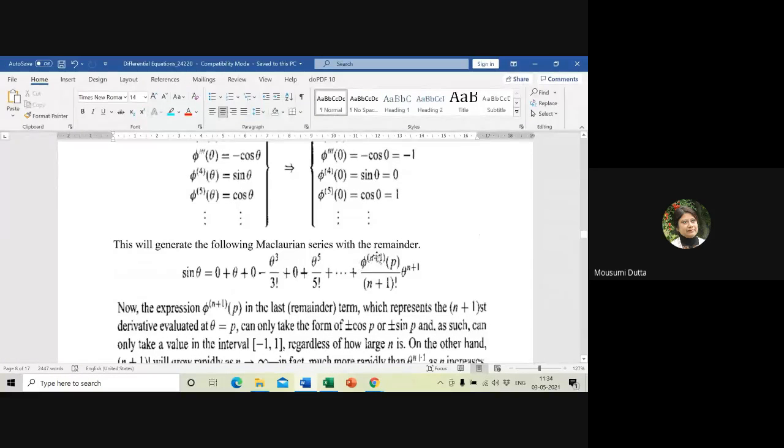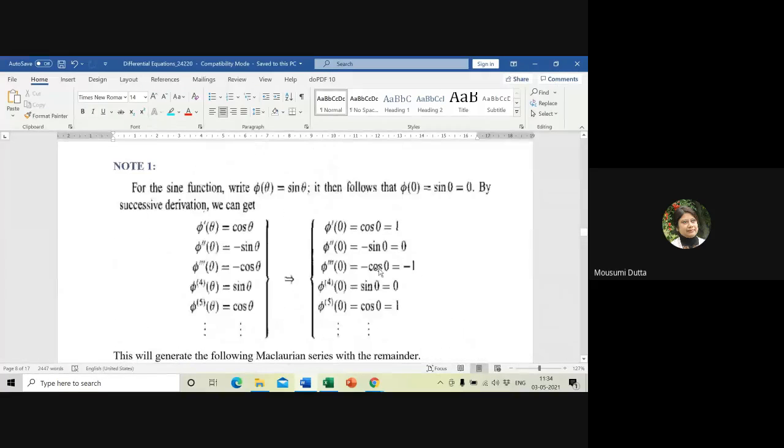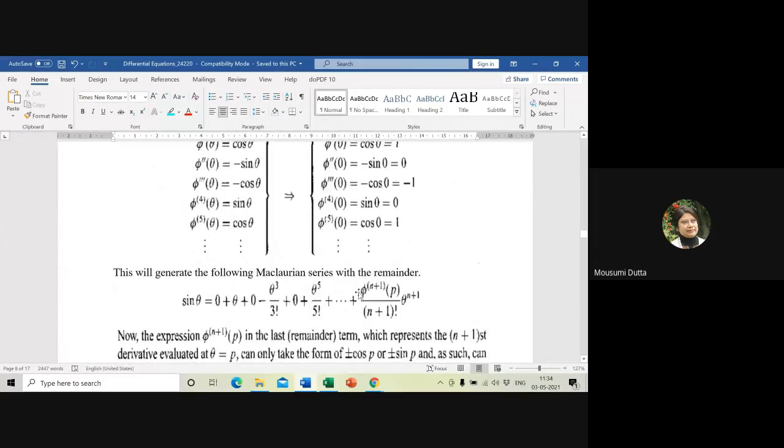So when we are writing the remainder term, the remainder term will be based on the entire function. Therefore, I have used the function, I didn't put any particular term, because here the function is in terms of the sine function. So I kept the function like this.